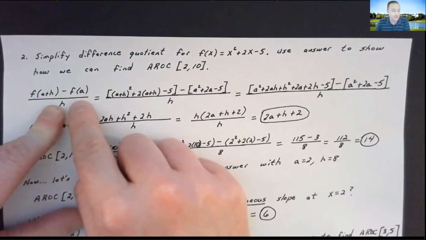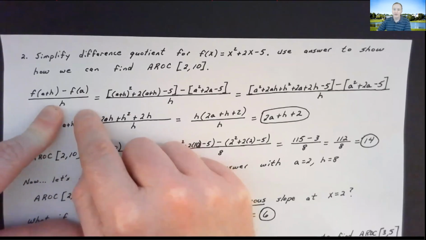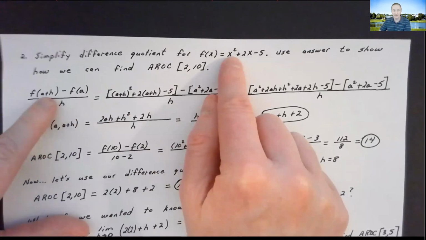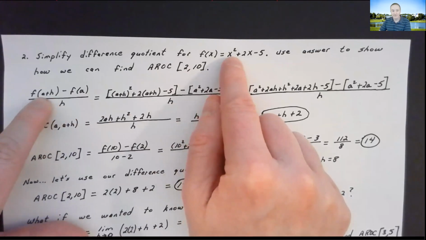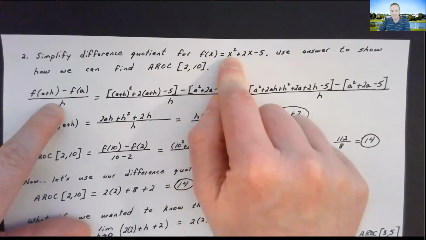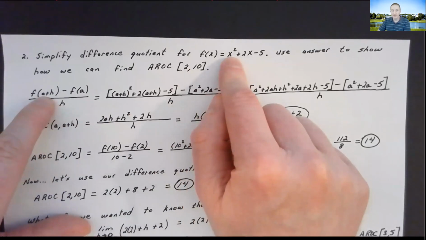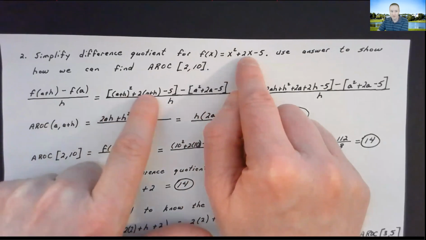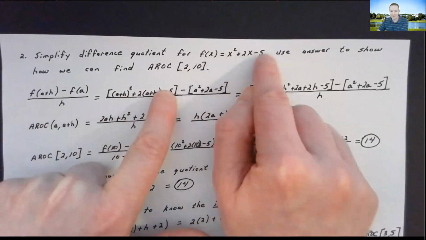The algebra in these problems and how we simplify is important too, so make sure you understand and see what's happening. I need to take f of a plus h minus f of a over h and apply it to this formula. Well, f of a plus h, I'm going to have a plus h quantity squared plus 2 times a plus h minus 5.